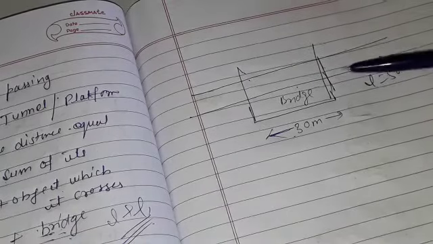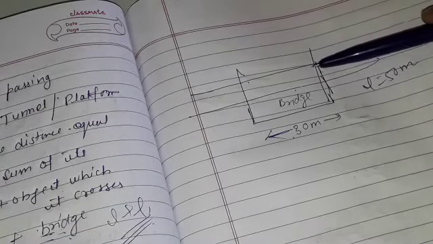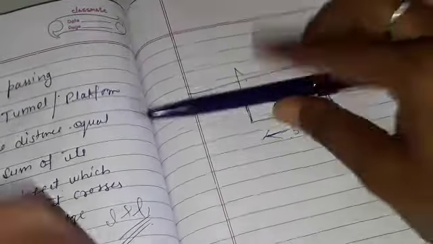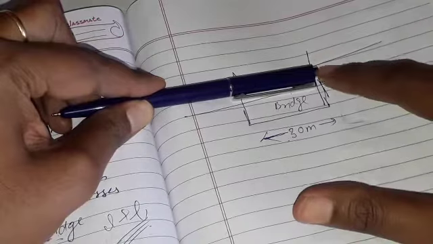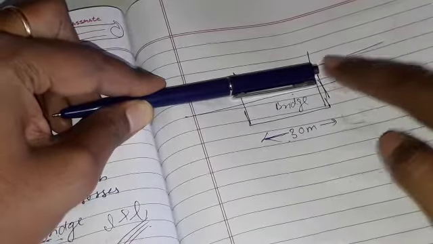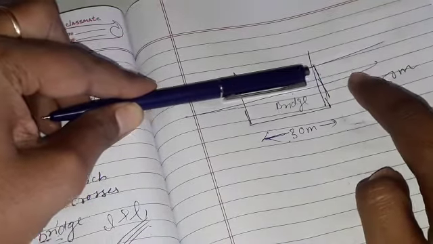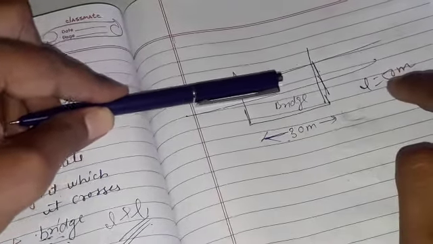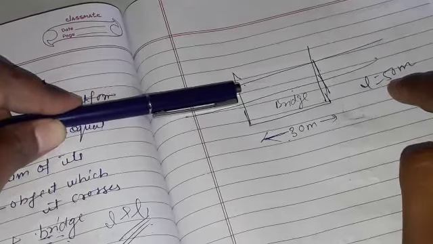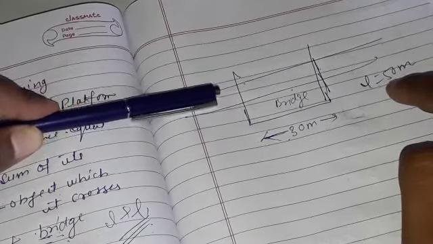So class, again your train enters at this first point, and when the end point of the train is here, it covers 30 meter, because from here to here the distance is 30 meter. So the train covers 30 meter when it crosses the bridge.